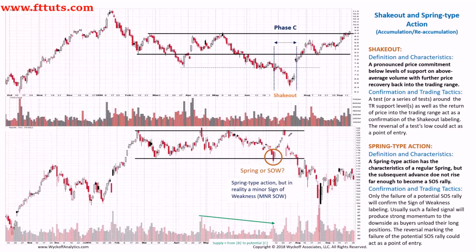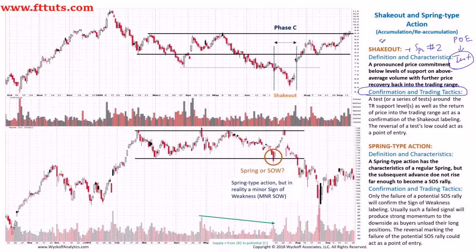So what is the confirmation or the tactics for the shakeout? Well, with the shakeout as well as spring number 2, our points of entry are always going to be on the test. Think about this for a second. Why do we need the test for spring number 2 and the shakeout?